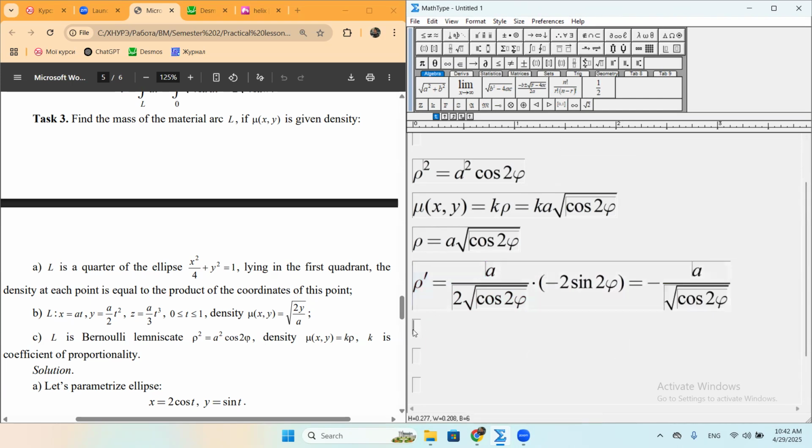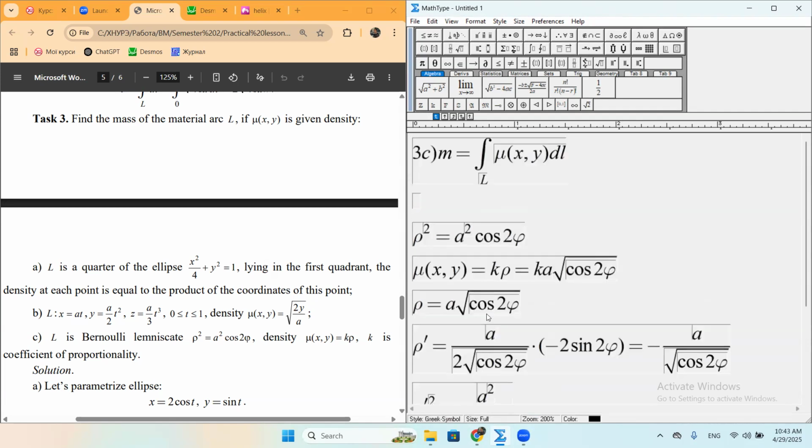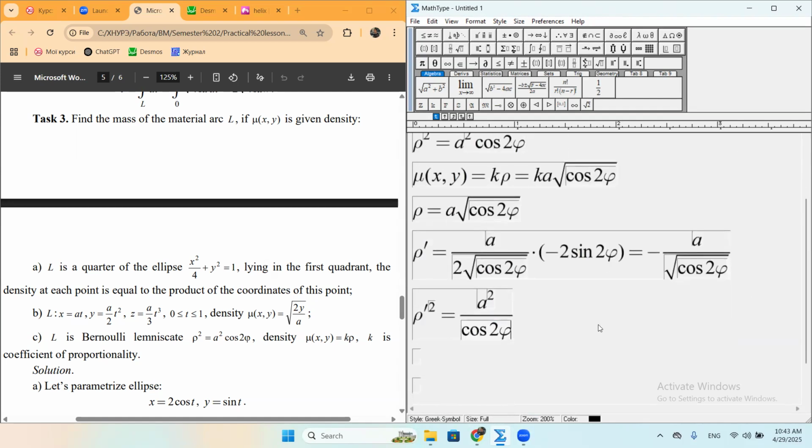And what about rho prime square? It will be equal to a square over cosine of 2 phi. Well, don't worry, everything will be simplified.